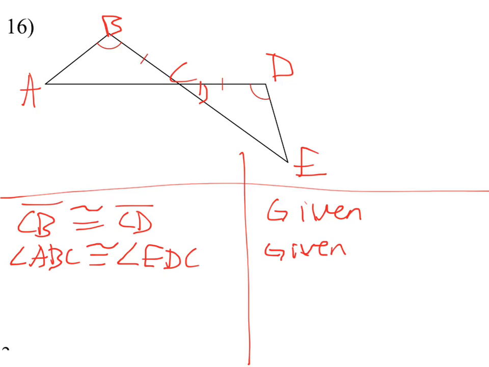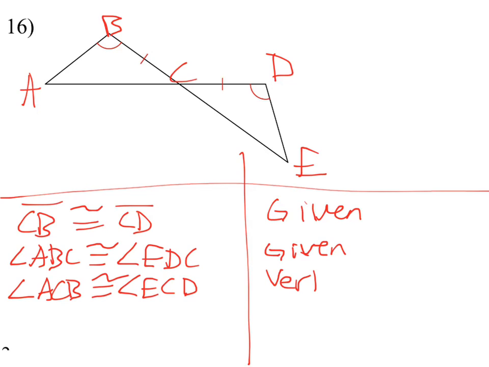That lets me know that I have two vertical angles and they're congruent to each other. That's angle ACB congruent to ECD, the other one that goes with it. And that's because they're vertical angles.